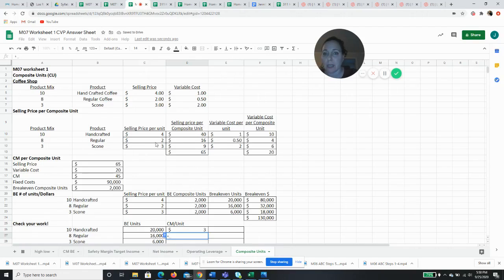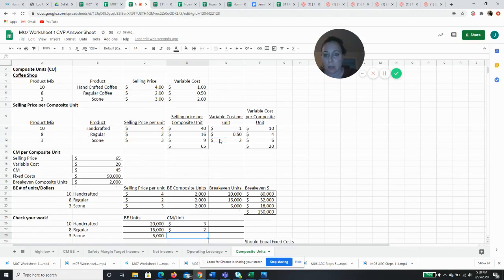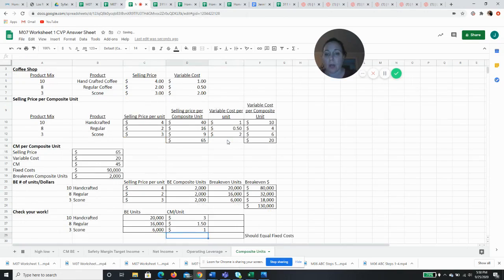For regular coffee, it's sales price of $2 minus variable cost of 50 cents. So it's going to be $1.50. And for scones, it's going to be our sales price of 3 minus our variable cost of 2, our contribution margin of 1.